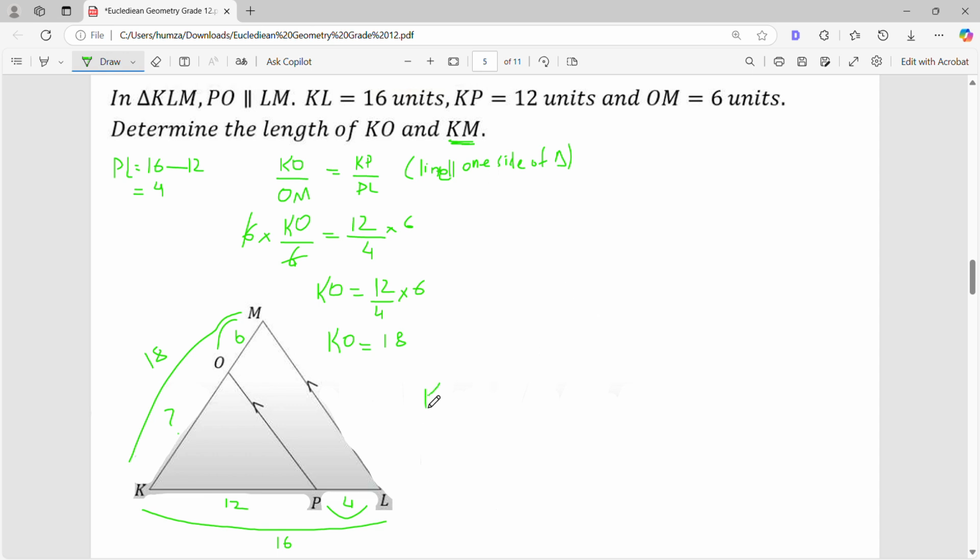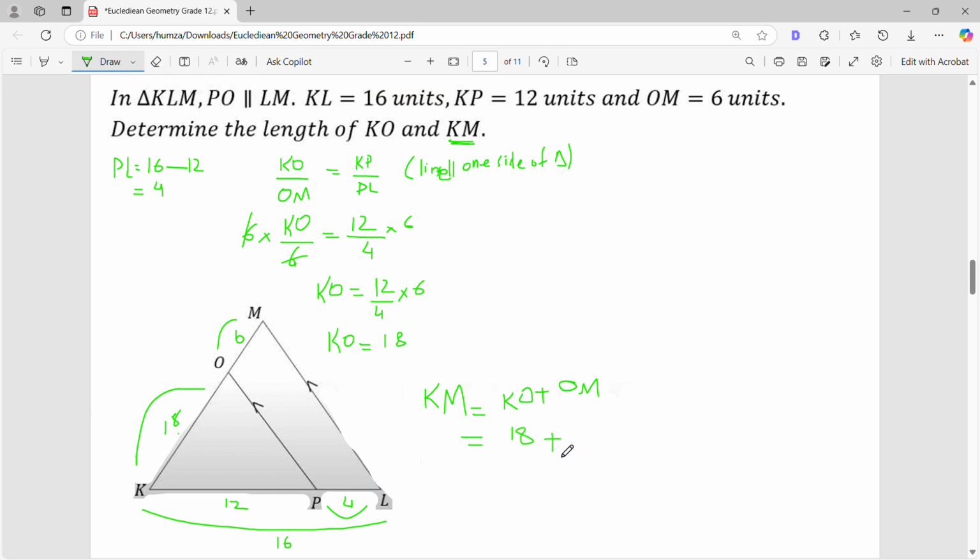We can say that KM is equal to KO plus OM. We have now found the value of KO, which is 18.